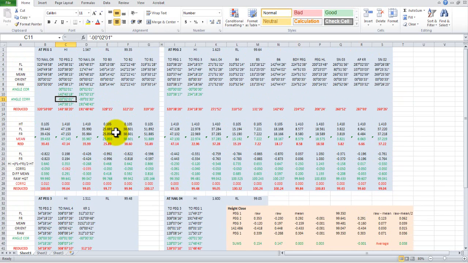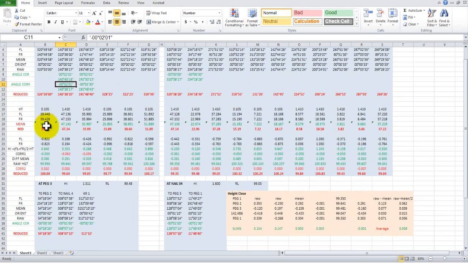So let's move on to the distances. What I've done with the distances, quite simply, we've just taken a mean of each one, and then we've taken an average where we've measured a distance twice.